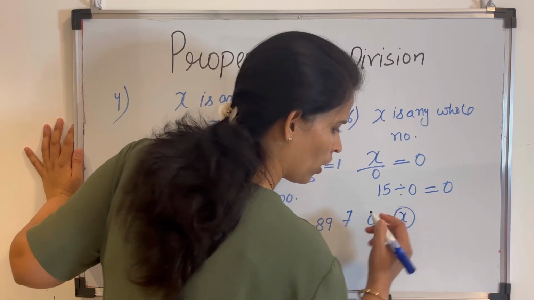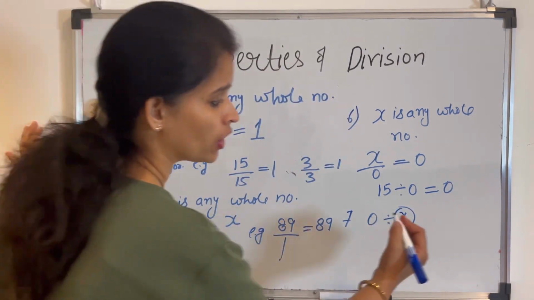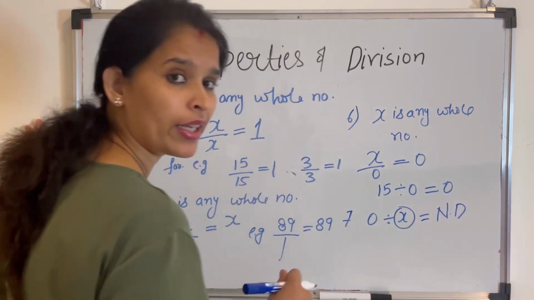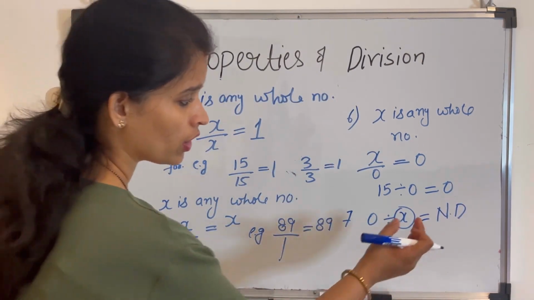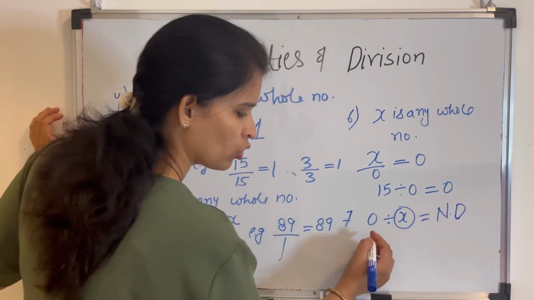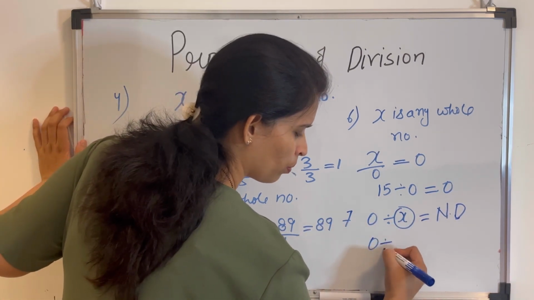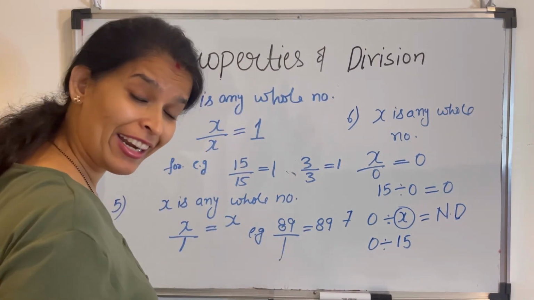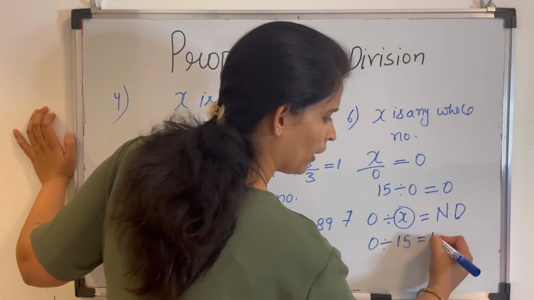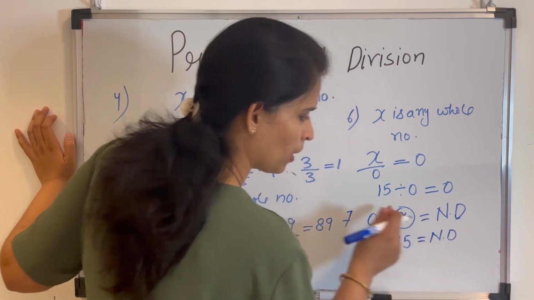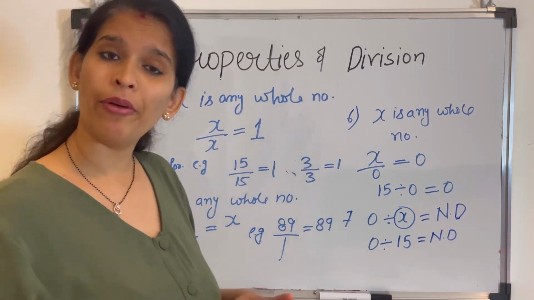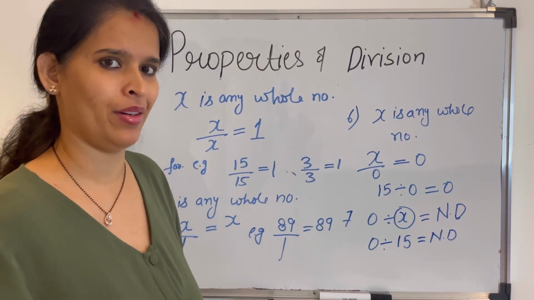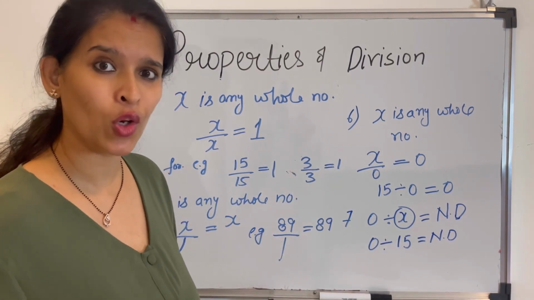This won't be defined. We'll write not defined. We cannot say that it is 0. So if we have the problem 0 divided by 15, we cannot write 0. We'll write not defined. Just keep in mind, we can divide any number with 0, but 0 is not divisible by any number. That's why we are writing not defined.